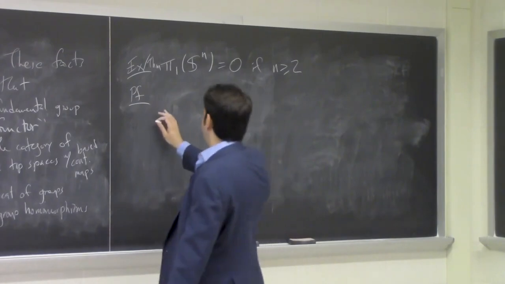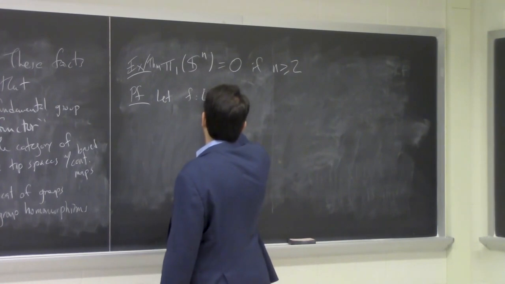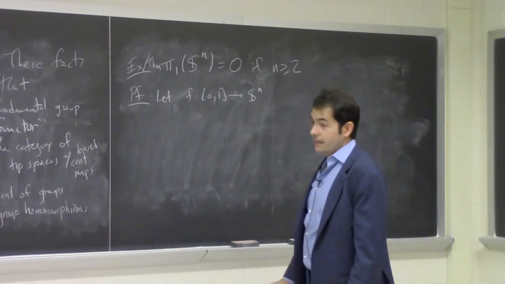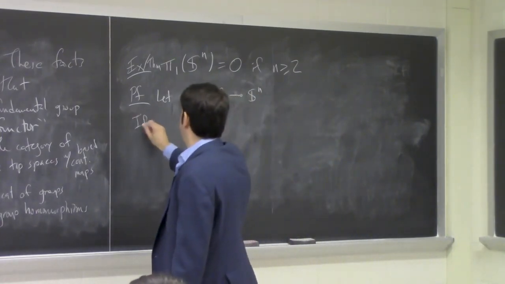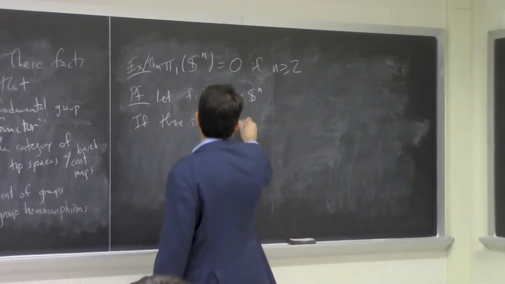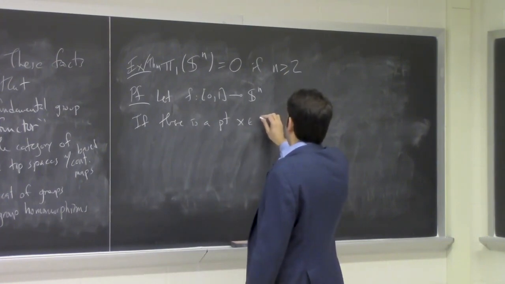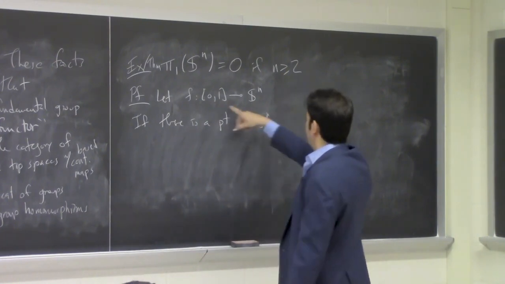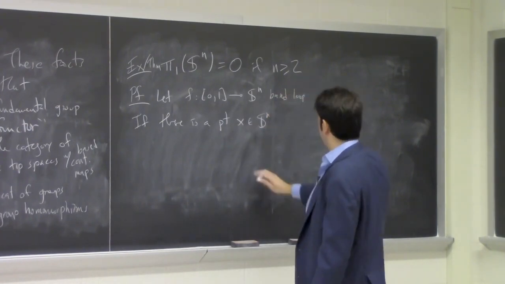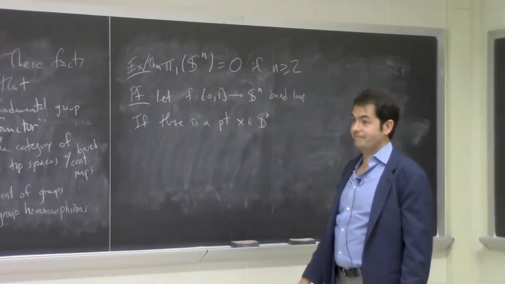Okay, so let f be a path into Sn. So of course I want this to be a based loop. There's some point x0 in Sn, and both endpoints go to that point.